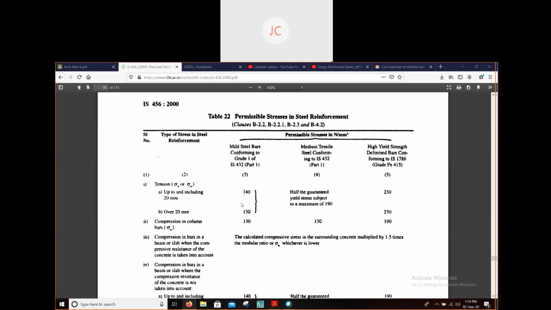Can you tell me which value we will use? 130 or 140? 140. Okay, we will use 140, because if we use more than 20 mm diameter bar, then it will be mentioned in the question. Otherwise, we have to use 140.